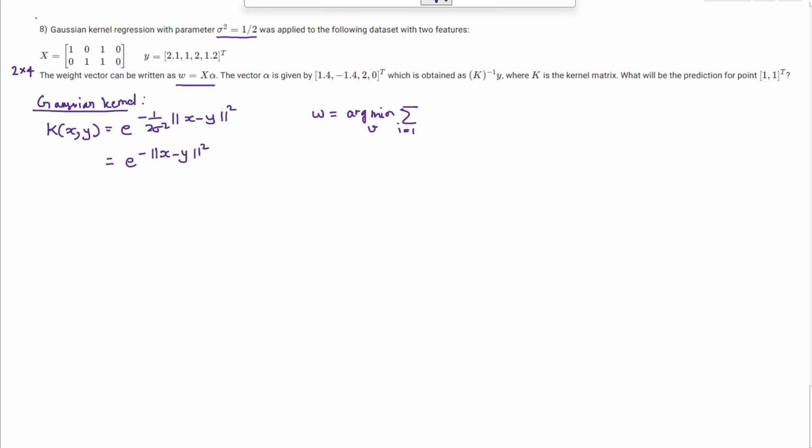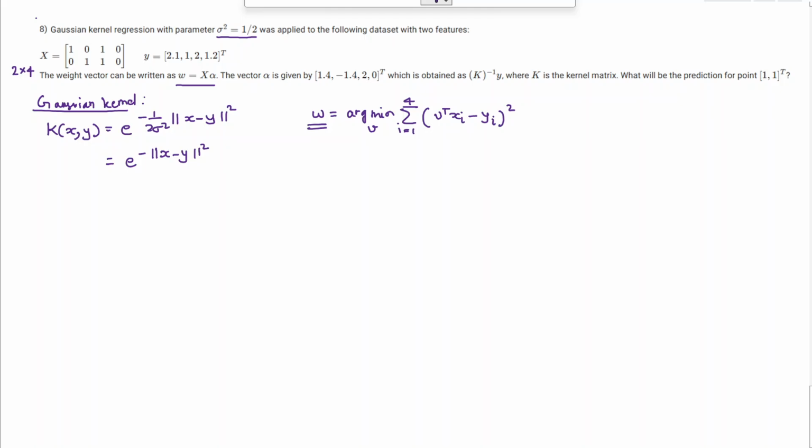So over all data points i running from 1 to 4, (v transpose x_i minus y_i) squared. This is what has been minimized, and that is how we have obtained this w.